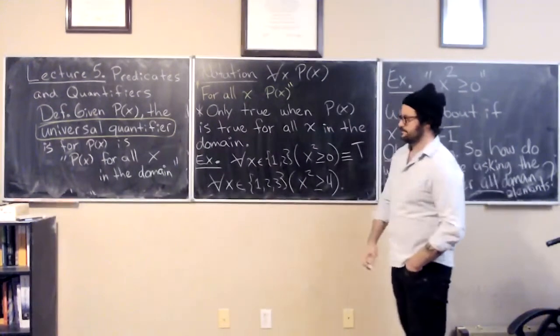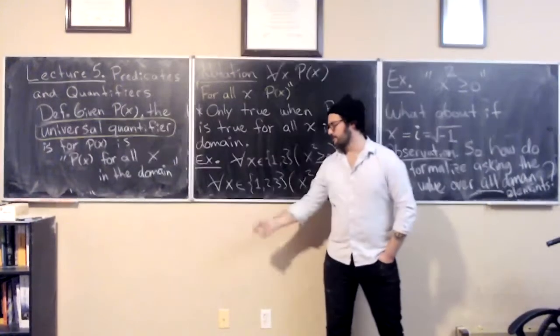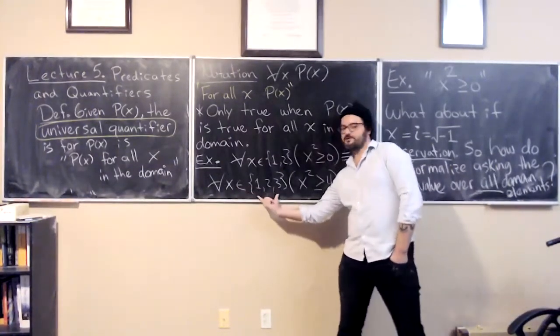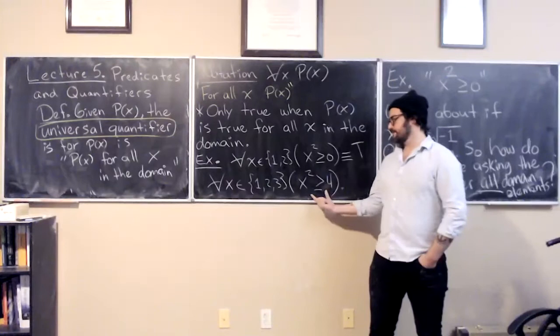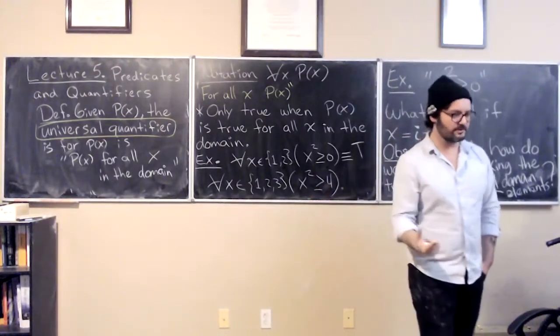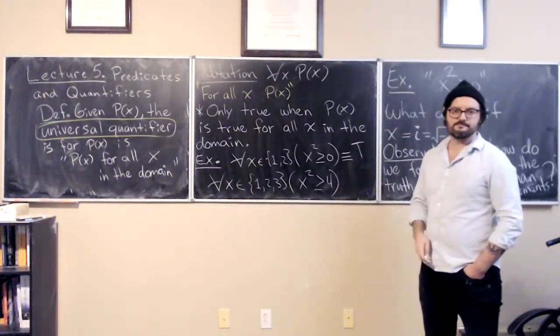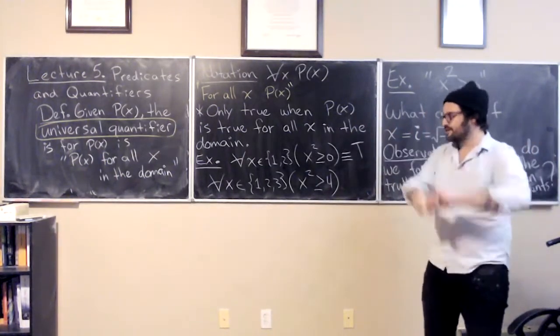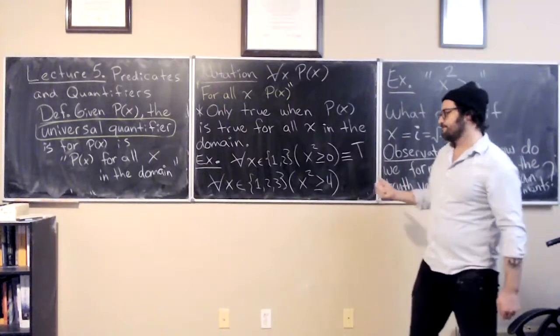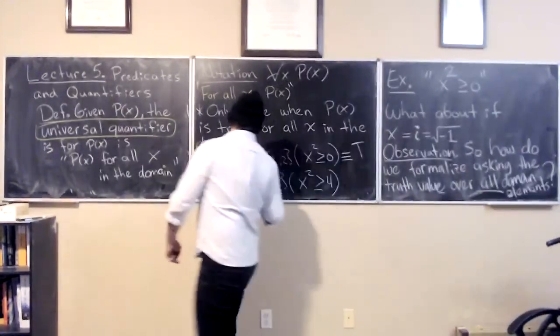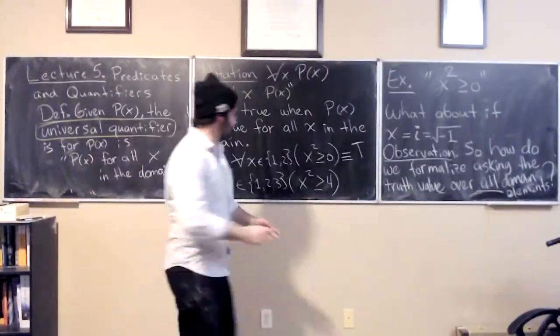Is that true? So universal quantifier applied to variables in that domain. Is this function true always? No, it's false. Exactly, because it fails at least one point. It fails at x equals 1. It's false.